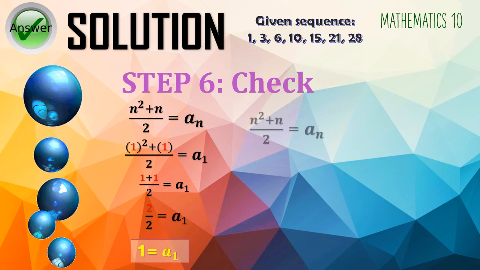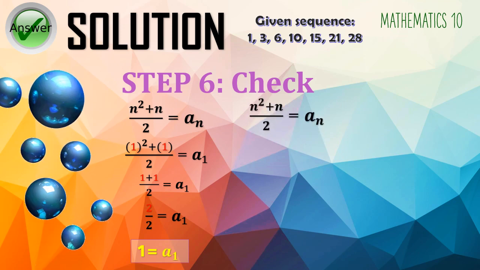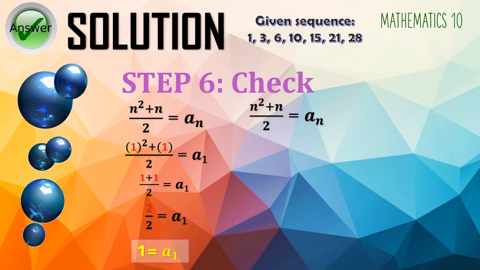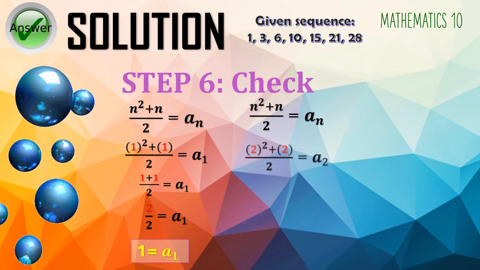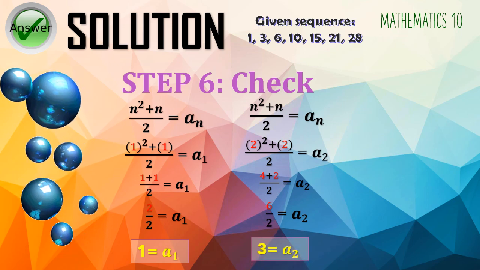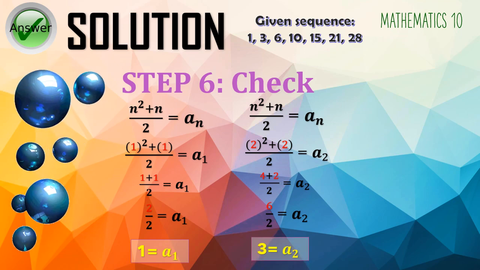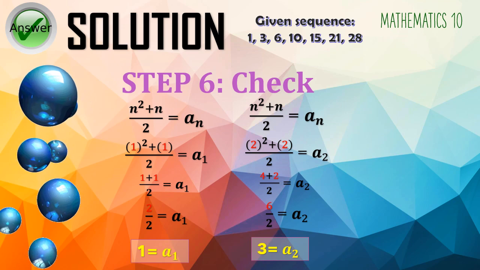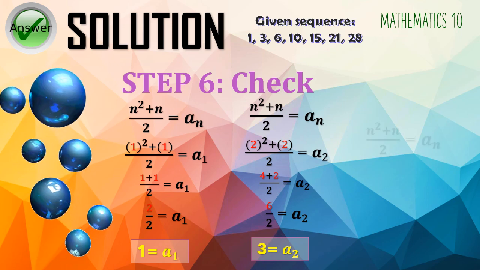And for the second term, same process. Let's just substitute 2 because we're supposed to check the second term. So that's it. a sub 2 equals 3. Okay, and next, how about term 3?